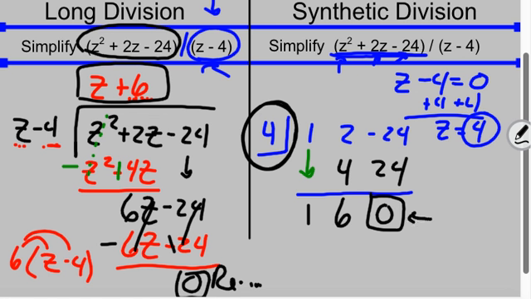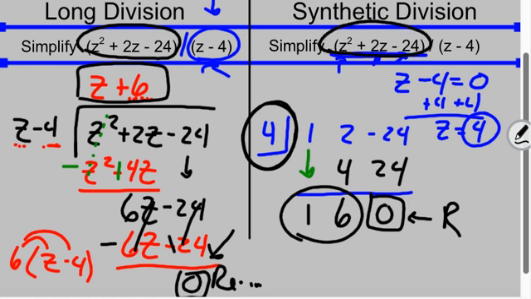Once again, we're doing the same problem. Our remainder over here was 0, so our remainder over here is also 0. This is our answer, but how do we write our answer? Look at what you're dividing into, which is z squared plus 2z minus 24. The key is the power. The leading term here is z squared. It has the highest power, 2.